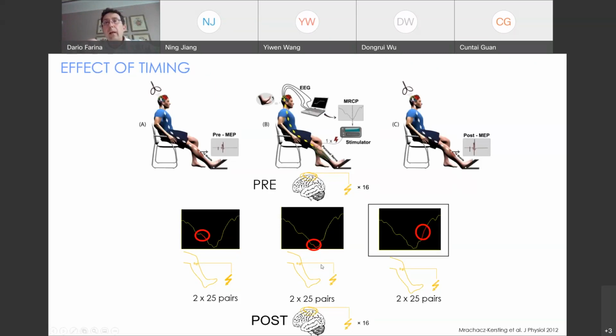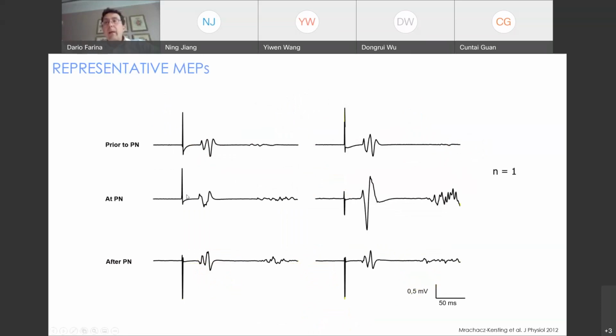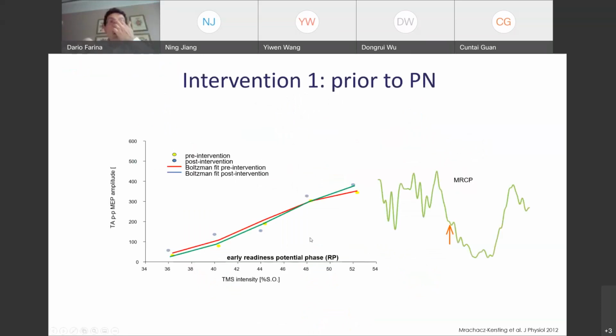There is a release of a motor command, and then there is an afferent volley arriving with a delay which is within what is expected in a sensory motor loop. On the contrary, in the other two sessions, the afferent volley would arrive much later with respect to the release of the motor command, and here it would arrive when the movement is still prepared, and so much earlier. So this result makes sense.